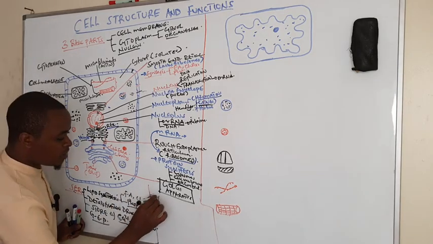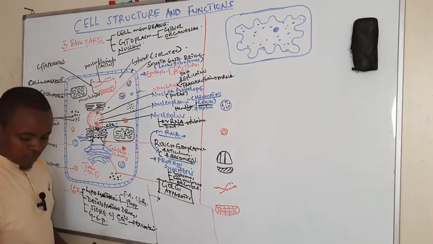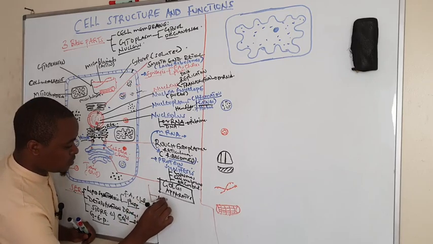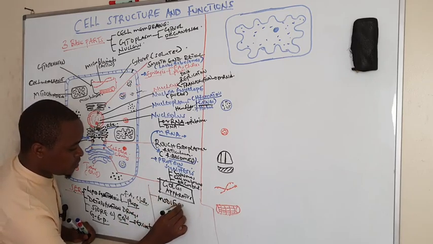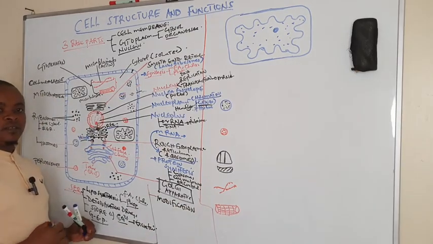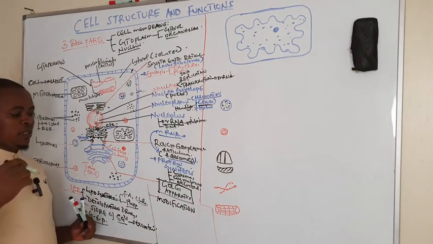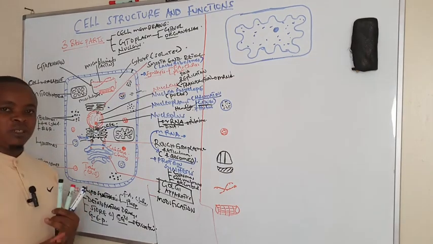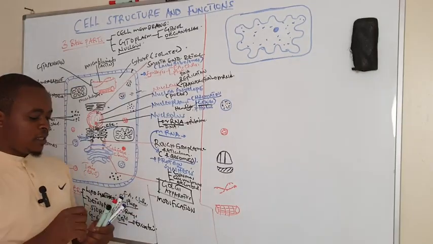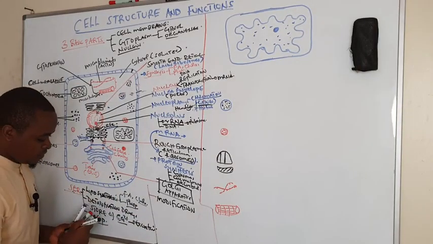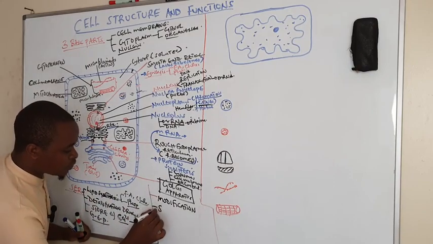They undergo modification. They are modified to form glycoproteins, lipoproteins, and glycolipids. Before packaging, they are sorted.